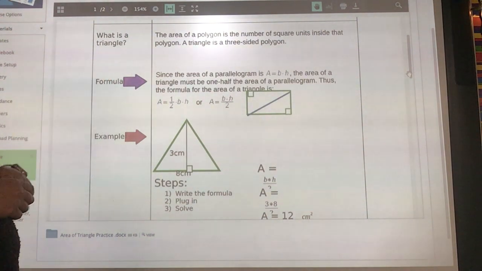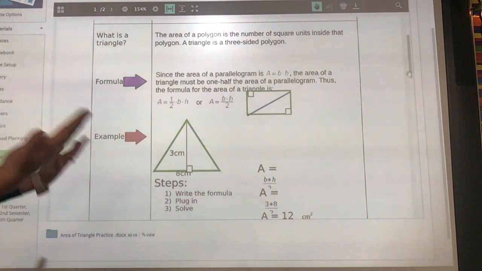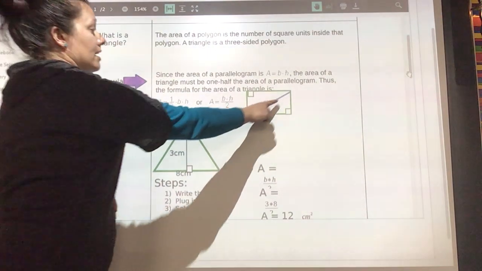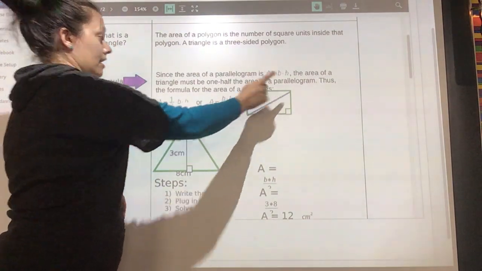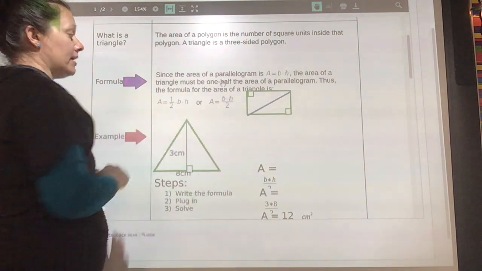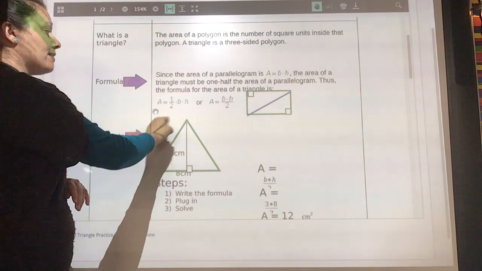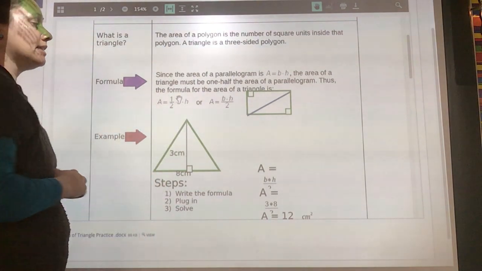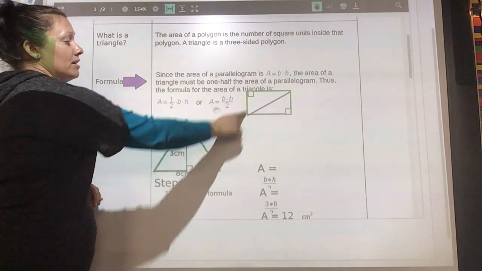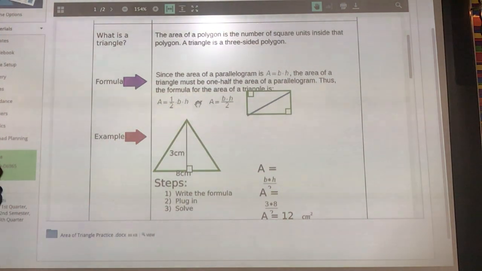So, since the area of a parallelogram is base times height, the area of the triangle must be 1/2 of that, okay? So, thus the formula is base times height divided by 2, or another version is 1/2 times base times height. Ladies and gentlemen, I definitely will recommend this one, and always use this one when we practice together. But if you like the other one, then that's okay too.